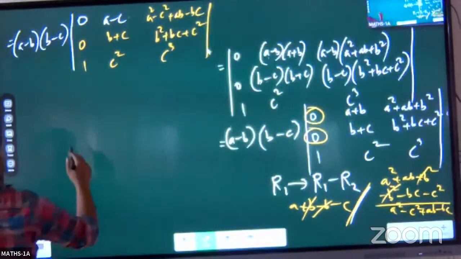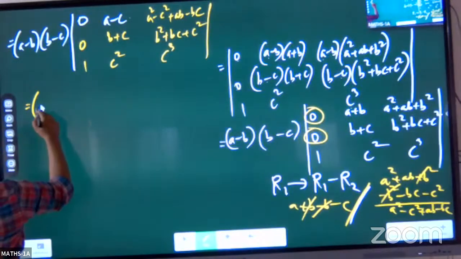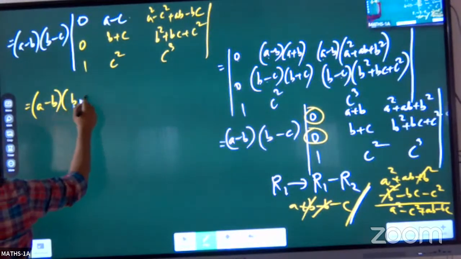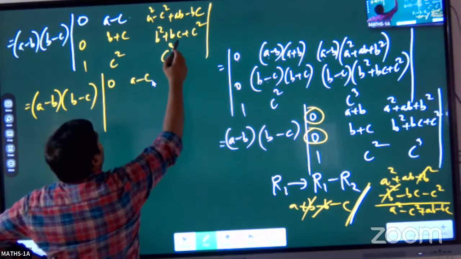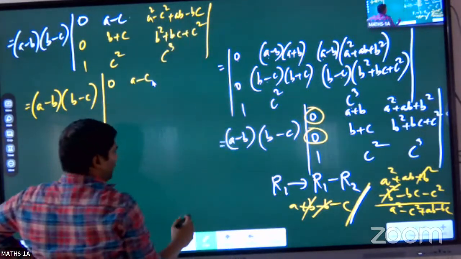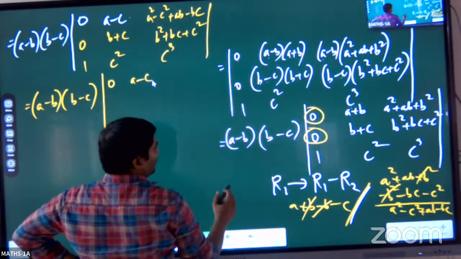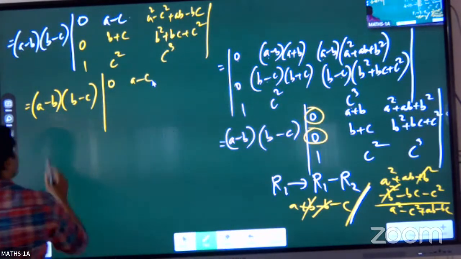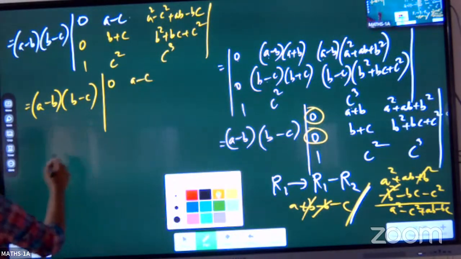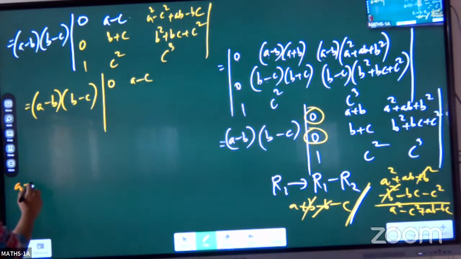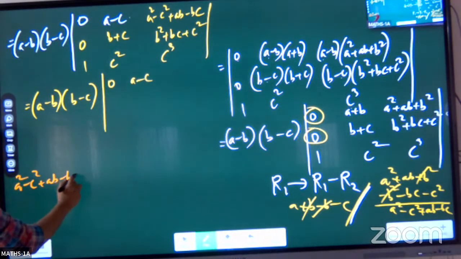Okay, now a minus b, b minus c into 0 a minus c. Now simplification of this is important. I will do outside, don't do there itself. Okay, here I will do. What is that simplification? a square minus c square plus ab minus bc.